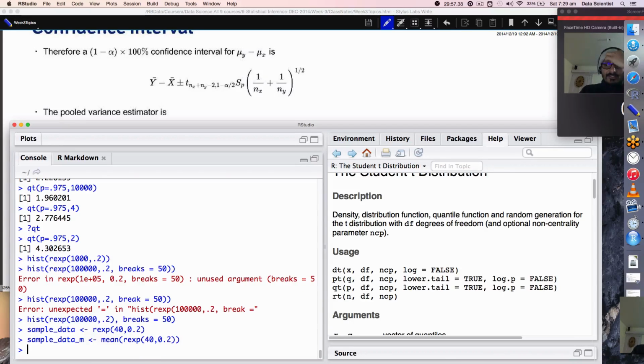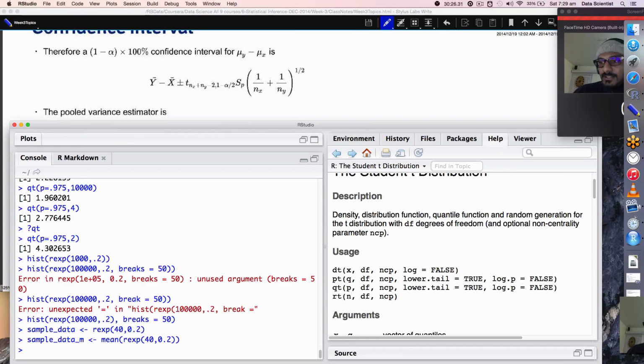Is this fine? So now what he's saying is repeat this thing 1,000 times at least, and then he wants to know about the distribution of the data that we get. So how do I repeat this 1,000 times? One way is the for loop, but maybe the easier way would be, if I was to run this experiment 1,000 times, how many times am I generating the random variable? 40 into 1,000 times.